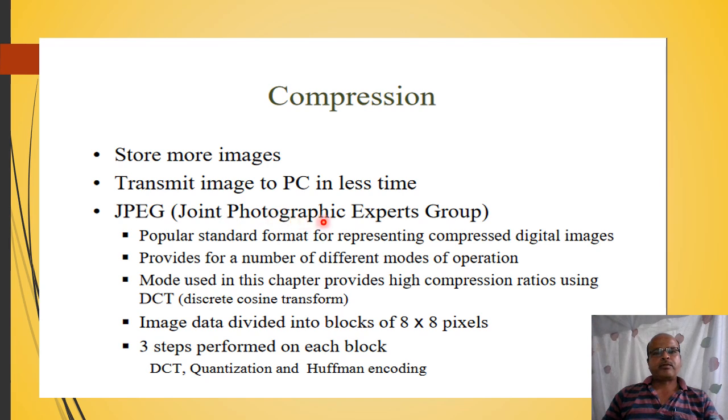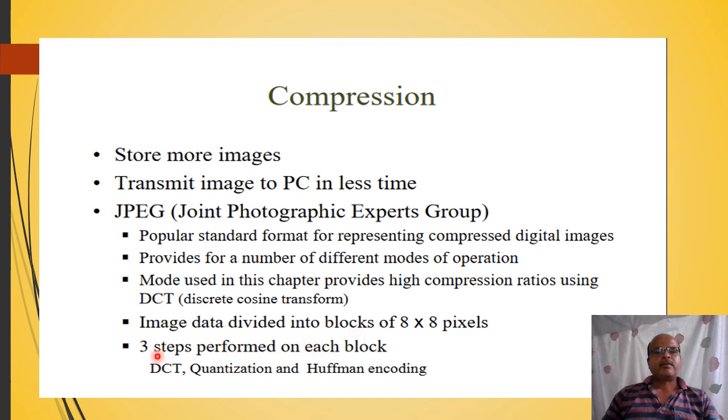JPEG, Joint Photographic Experts Group, is a popular standard format for representing compressed digital images, and provides a number of different modes of operation. The mode used in this chapter provides a high compression ratio using DCT, that is, the discrete cosine transform. Image data is divided into blocks of 8 by 8 pixels. Three steps are performed on each block.